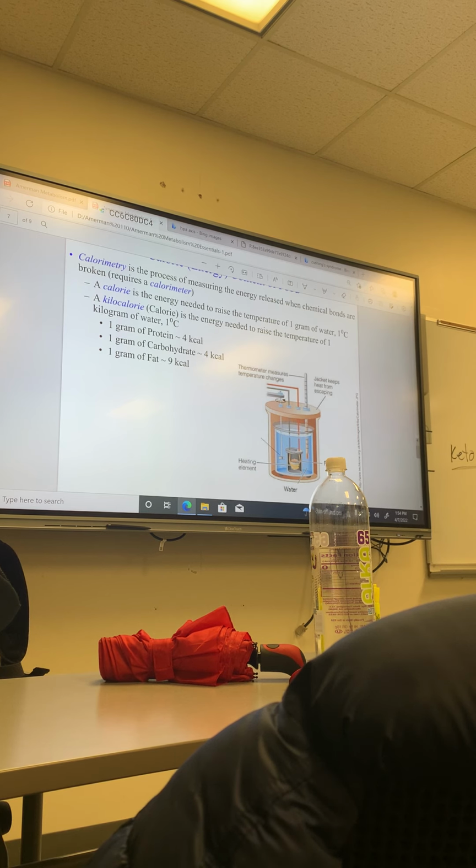So by weight, lipids have twice the hydrogen that the same weight of carb would have. What did I say? Oh, okay.